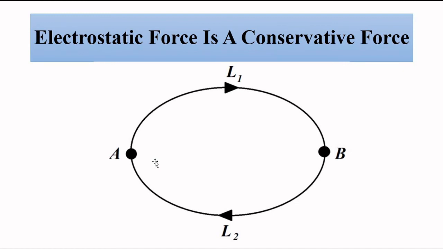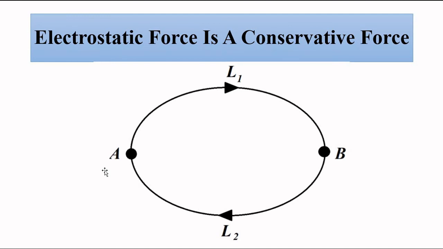What essentially it means is that the work done in moving a test charge from one point to the other and again back to the same point is equal to 0.